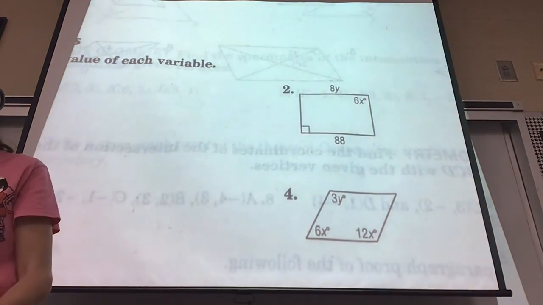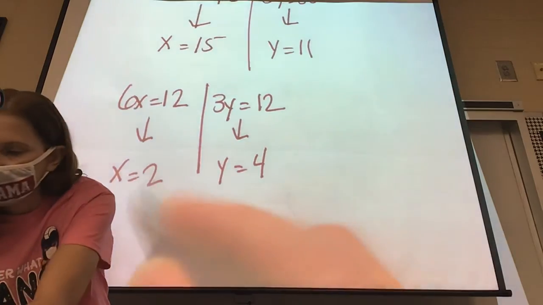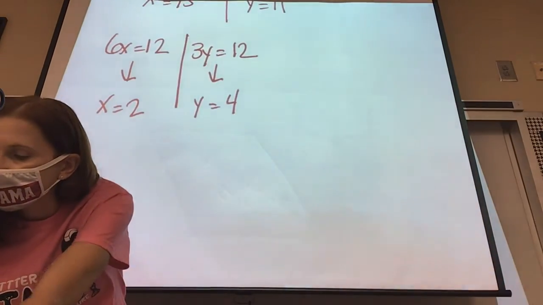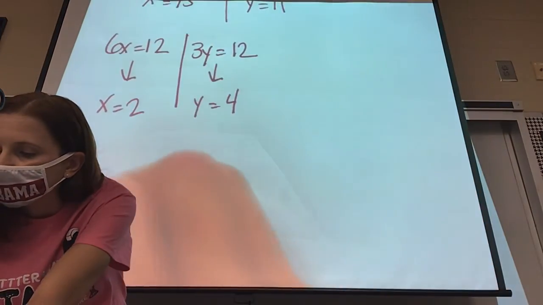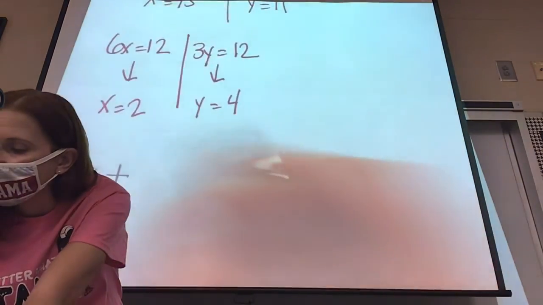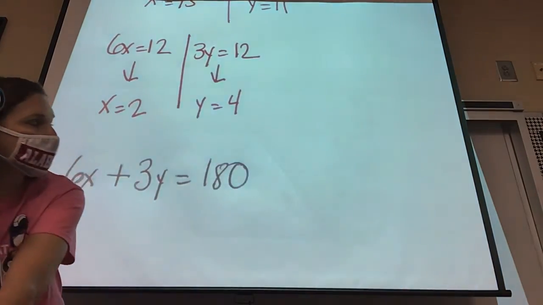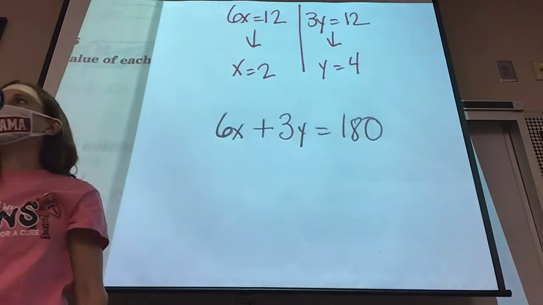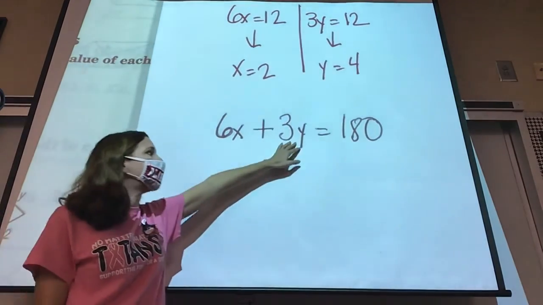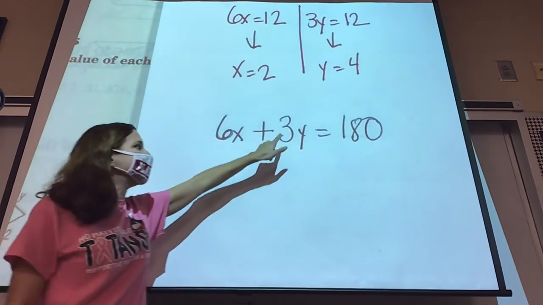Instead of saying 6x plus 3y equals 180, which is the way it should be because they are consecutive angles. These are consecutive. They're on the same side of my shape.